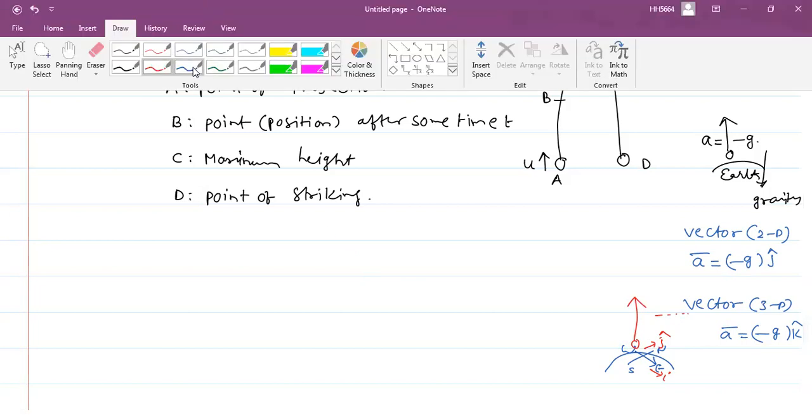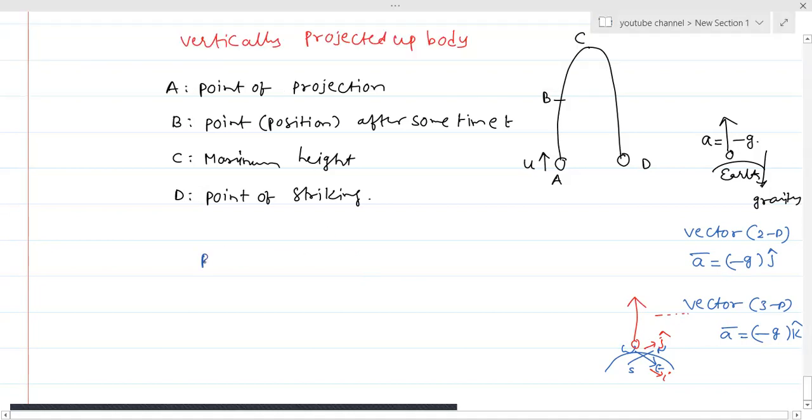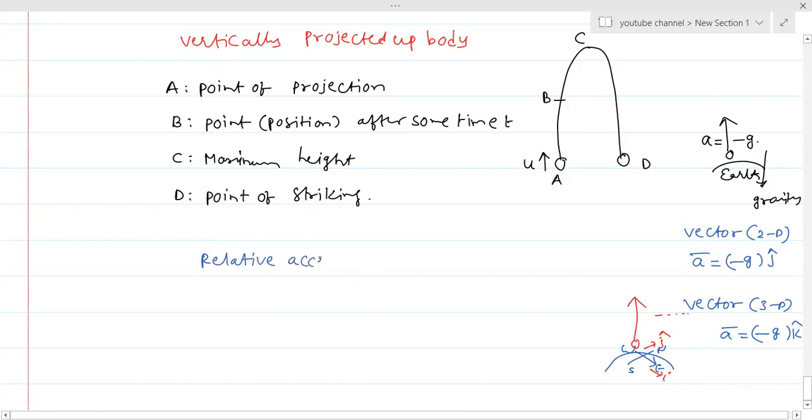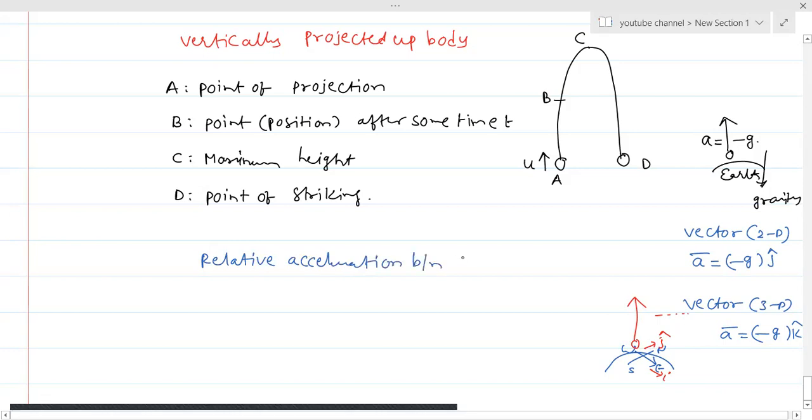And here the most important point is relative acceleration, between the freely falling body and the vertically projected body.